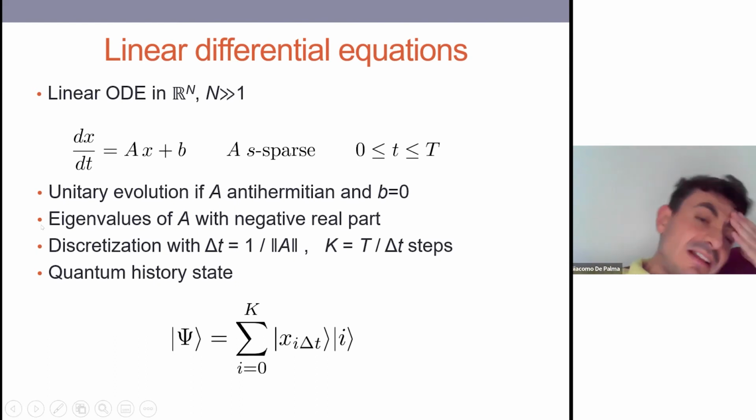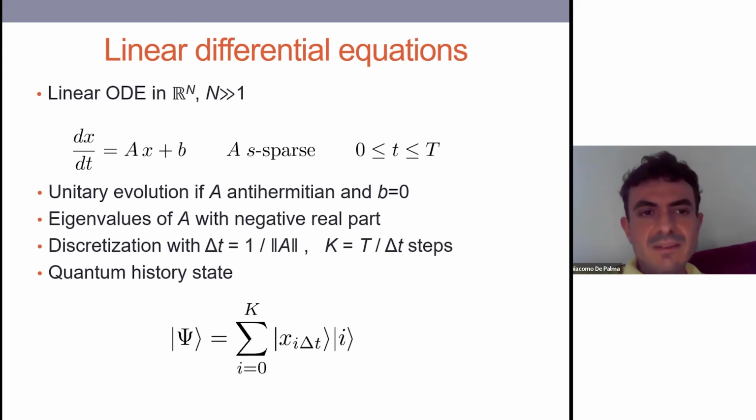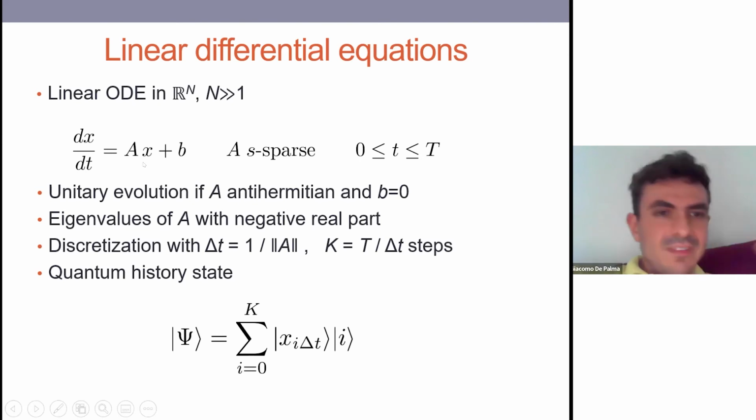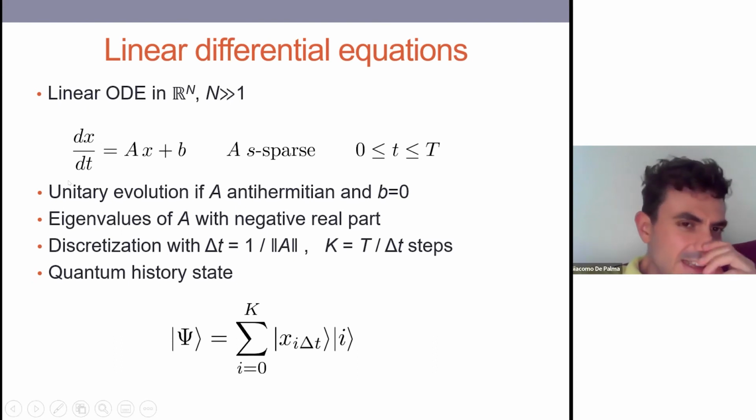In this case, we will need some hypothesis, because this equation can have the vector x blow up exponentially with time. And if this is the case, if we want the solution with a given precision, we will need an exponentially high precision for the initial data.